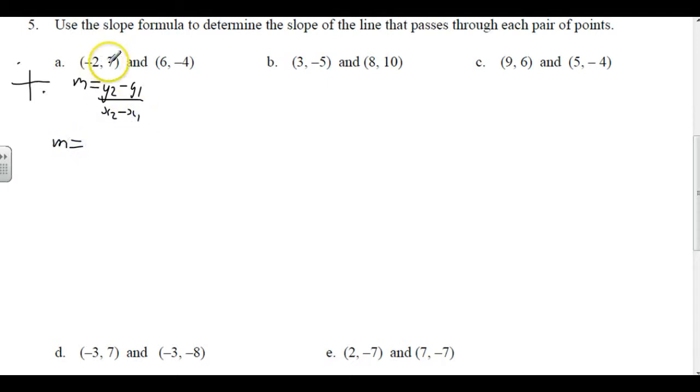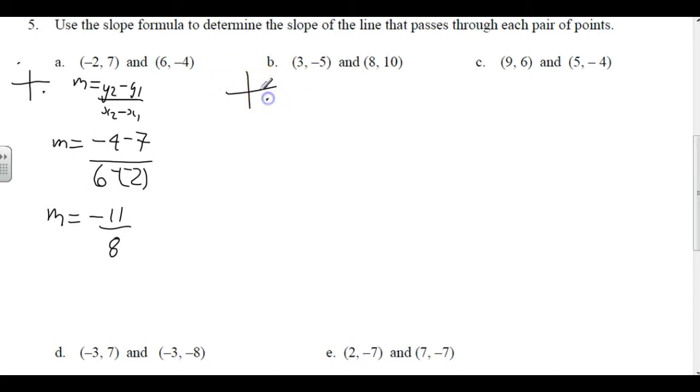I'm generally going to say that the leftmost point is point 1 and this is point 2. So negative 4 minus 7, remember it's the y values, over 6 minus negative 2. So negative 11 over positive 8. 6 minus negative 2 is 6 plus 2, which is 8.